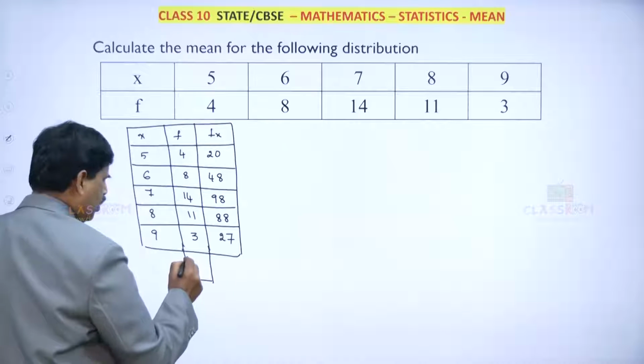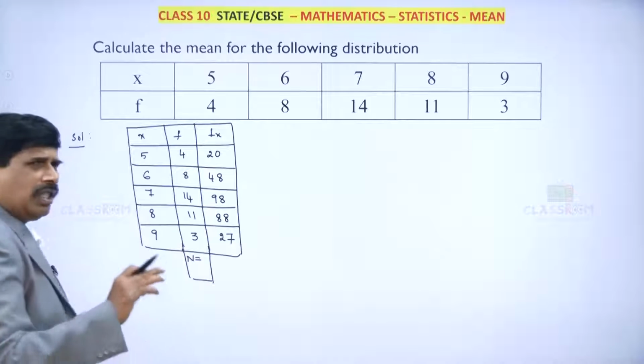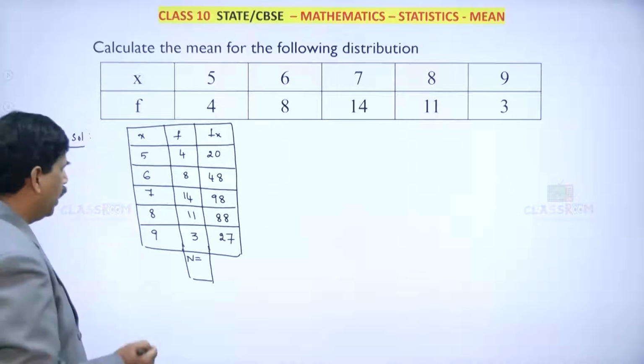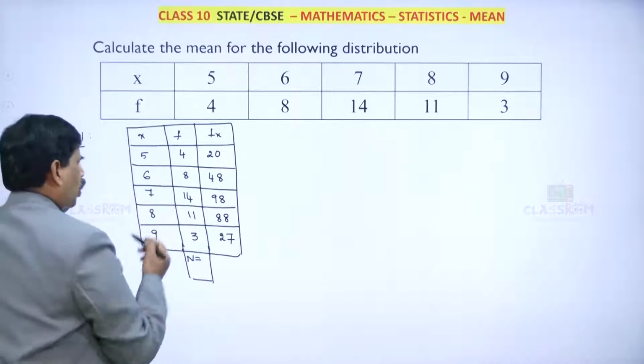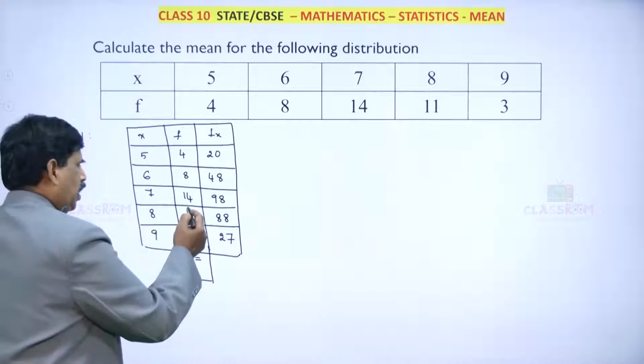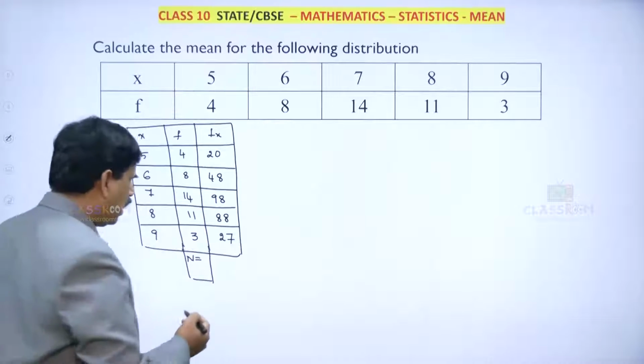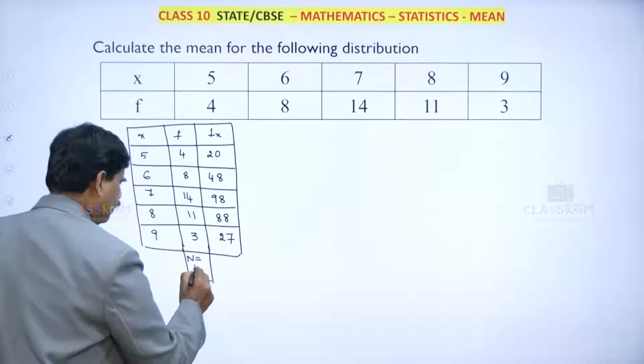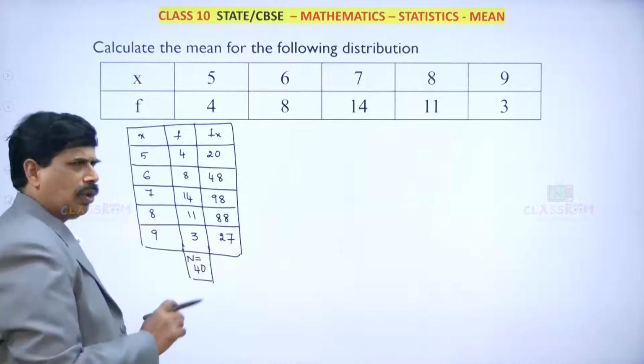So this is your capital N, the sum of the frequencies. You add now. 8 plus 4, 12. 12 plus 14, 26. 26 plus 11, 37. 37 plus 3, 40. We got the total frequency.